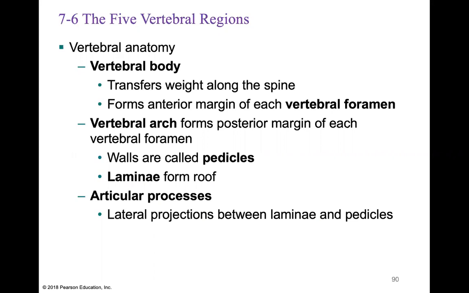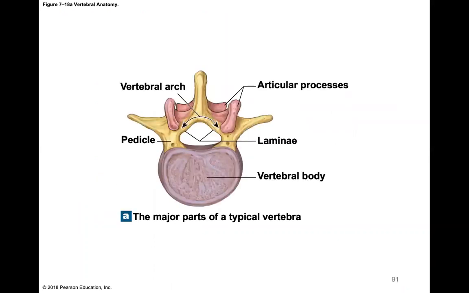It's going to form the anterior margin of each vertebral foramen. The vertebral arch will form the posterior margin of each vertebral foramen. And then the articular processes are lateral projections, which are located off the extensions of the vertebral arch.